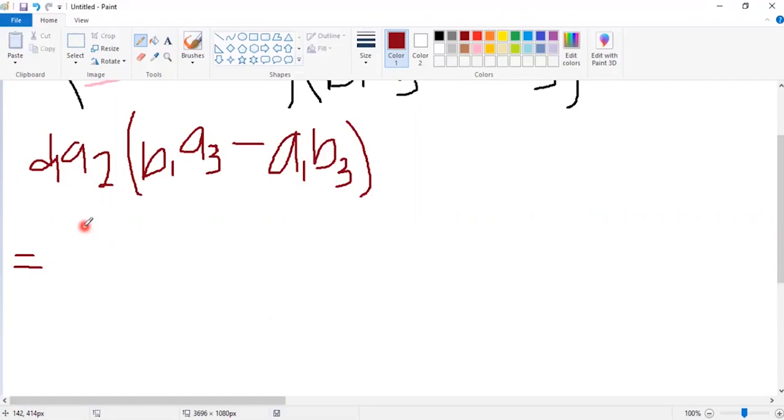But another thing to note is that when multiplying, for instance, D1A2 times B1A3, A2 is first. Welcome back. Sorry for the short interruption. So when multiplying, we have D1A2, B1A3.